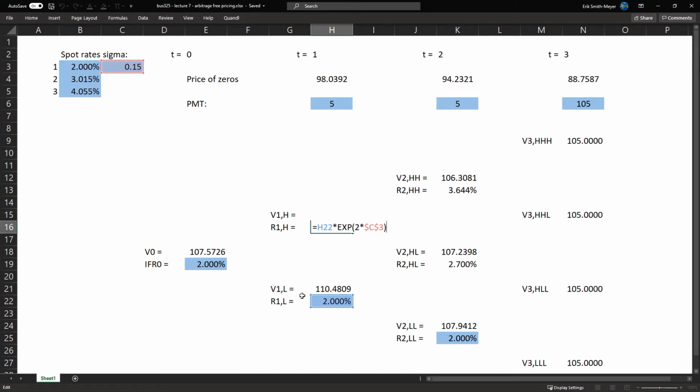So this is just the low rate times e, the exponential, raised to the power of 2 times the standard deviation.